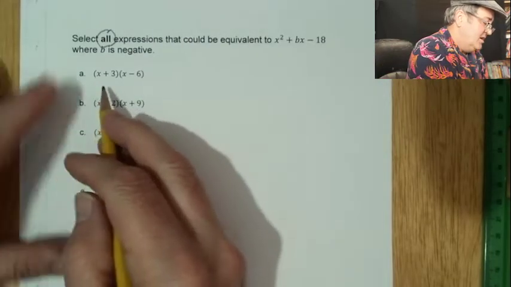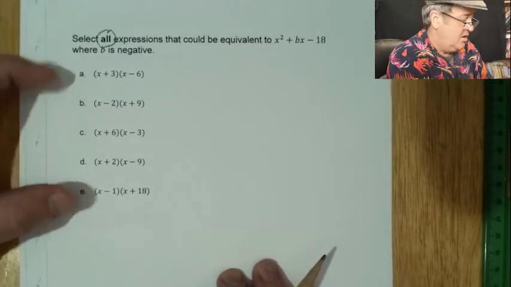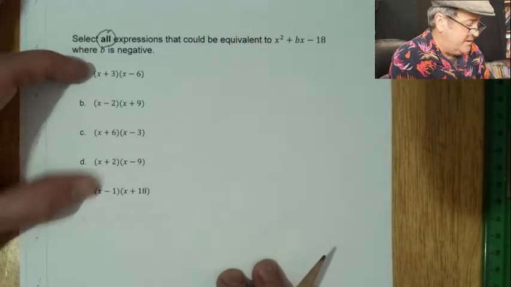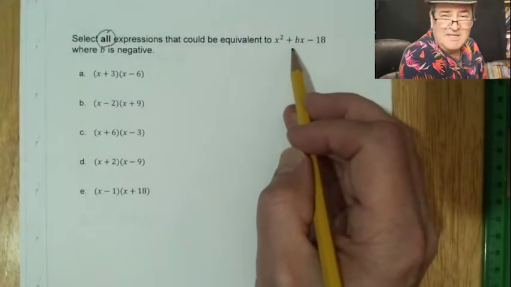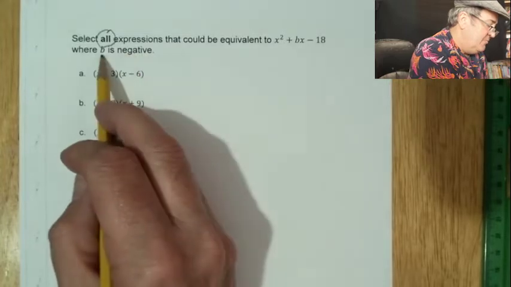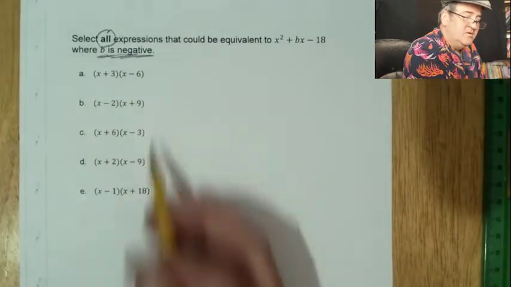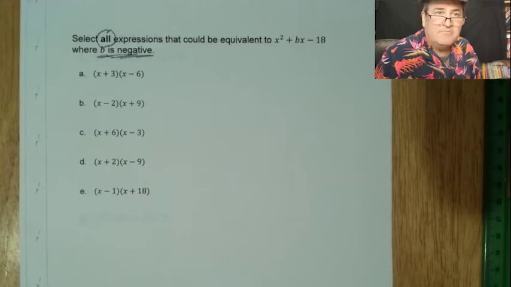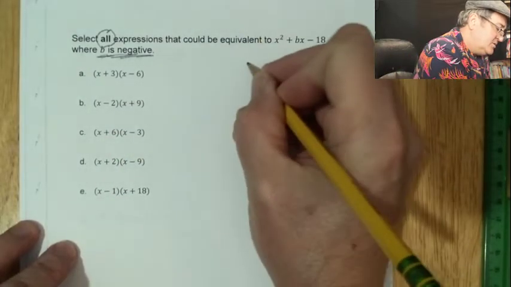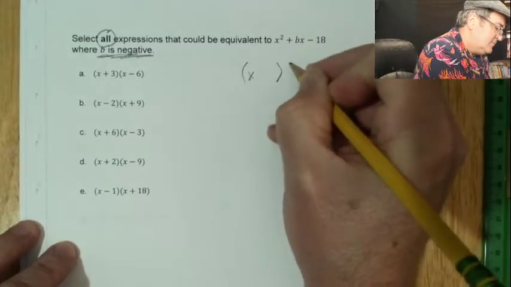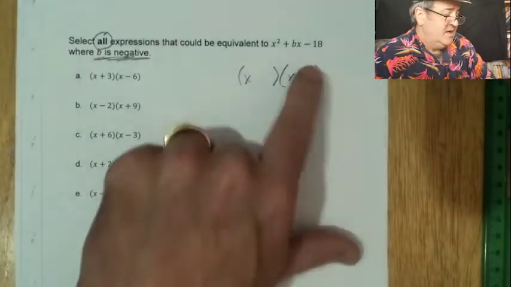All right, so probably at least 2 of these, maybe more, would both be a factored form of this equation because b could be a different number. It's a variable. But we want to know where b is negative. So could be a different middle term, but we want the ones that are negative. Okay, x squared, we know it's going to start with an x and an x, right? Because that's the only thing that can be x squared.